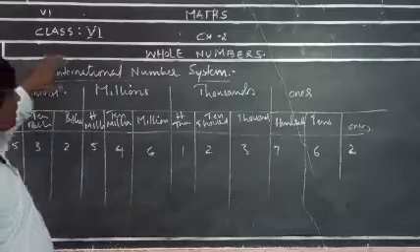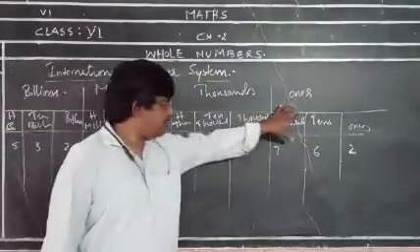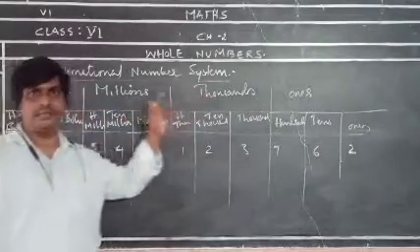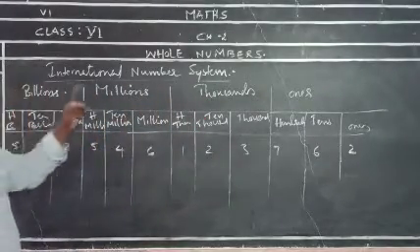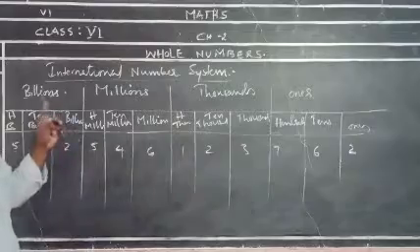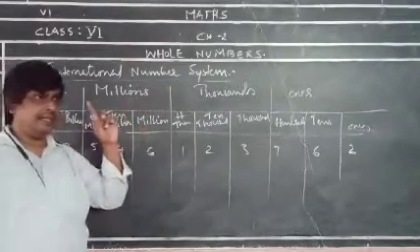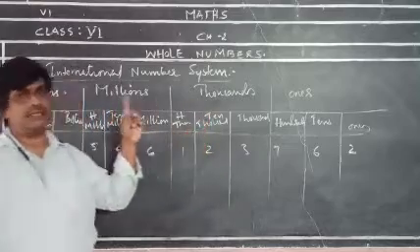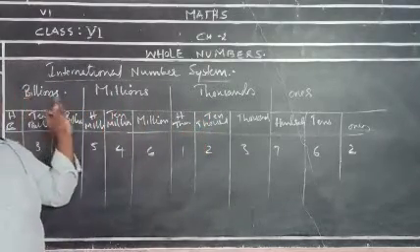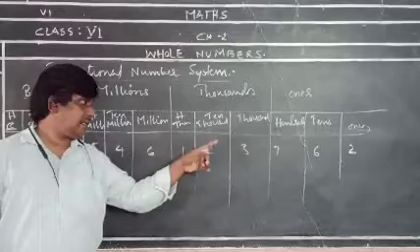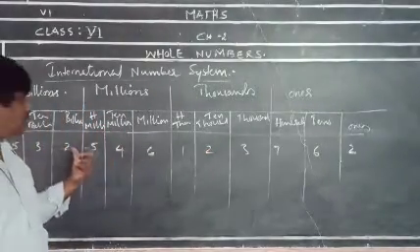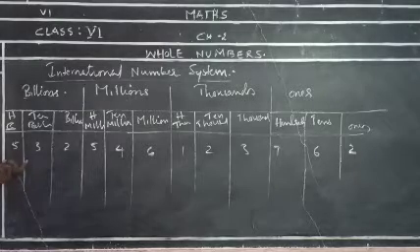Comparing the Indian system and the international system, the international system has houses: ones house, thousands house, millions house and billions house, and each house has 3 place values. In the Indian system, only the ones house has 3 place values and the rest, thousands, lakhs, crores, have 2 place values. In the international system, every house has 3 place values, so you can easily read the number.